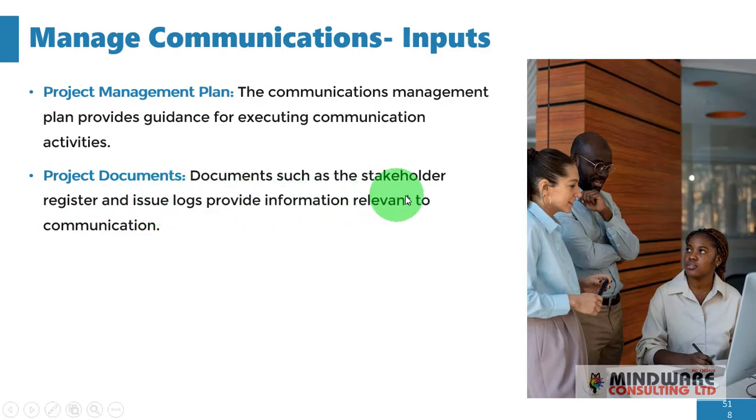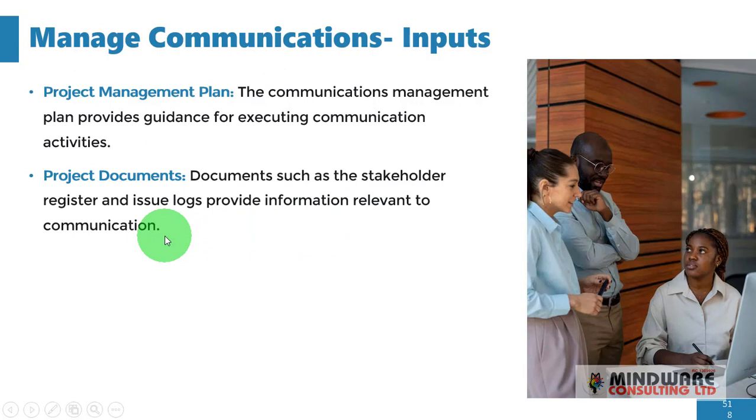Project documents such as the stakeholder register and issue logs provide information relevant to communication. As mentioned before, your stakeholder register is a list of the individuals, groups, professionals, experts, and what have you that are involved in your project, and to what extent they have involvement, probably what roles they'll be playing, because that's also going to determine what sort of information they're going to require.